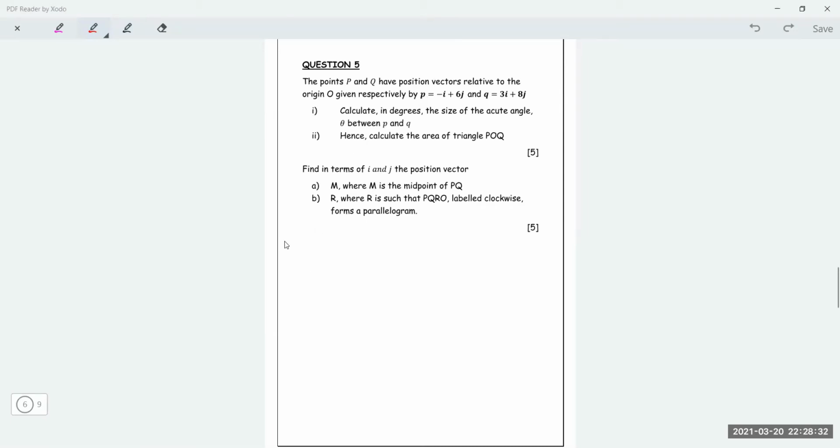So let's go ahead and do part I right here. OP dot OQ is equal to (-1, 6) dot OQ, where OQ is (3, 8).